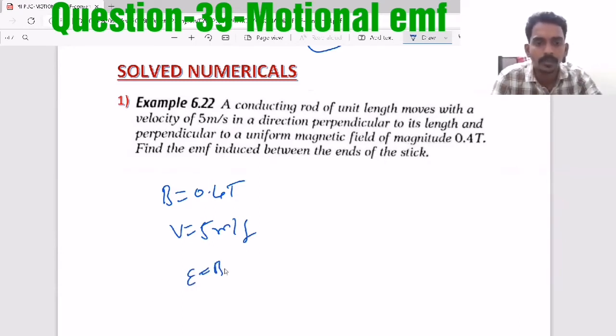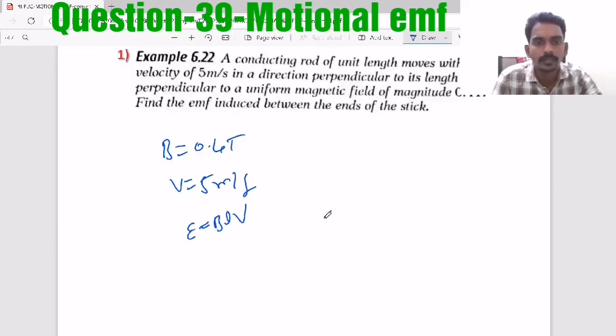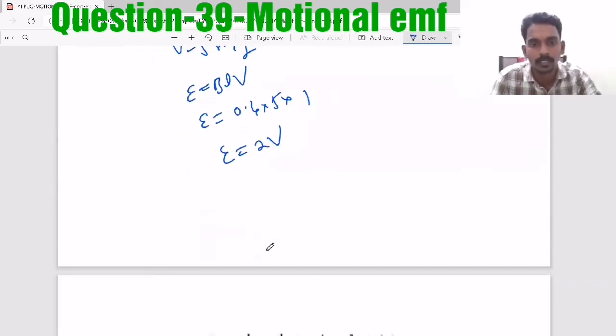Then the EMF induced is BLV, so the EMF will be 0.4 into 5 into the length. The length is 1 meter, so epsilon will be 2 volt. Very simple question, a direct formula based question.